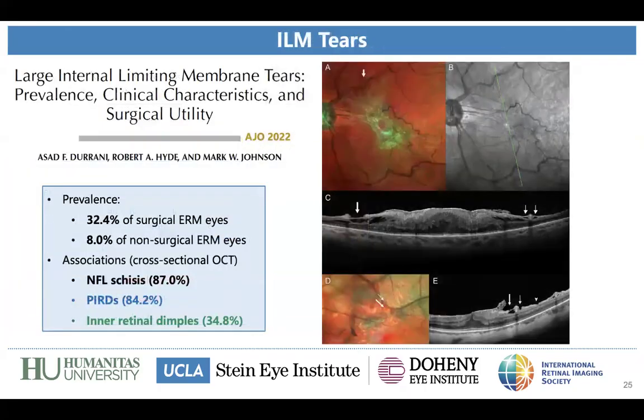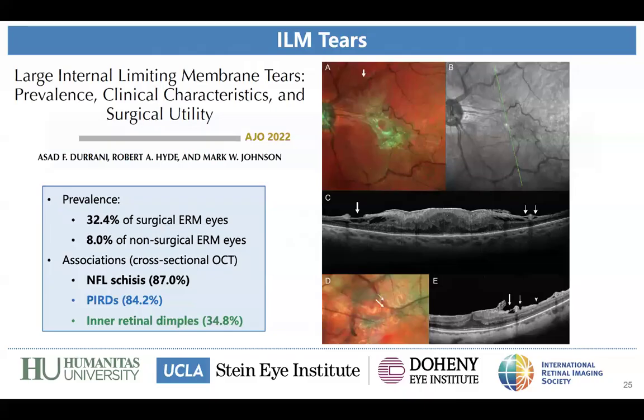ILM tears were described recently in this American Journal of Ophthalmology paper by Mark Johnson and colleagues, who used a multimodal imaging protocol, including essentially cross-sectional OCT, multicolor, and infrared. The authors found a prevalence of ILM tears ranging from 8 to 30% based on surgical or non-surgical indication, and they identified several associated biomarkers, including nerve fiber layer schisis, paravascular inner retinal defects, and inner retinal dimples.